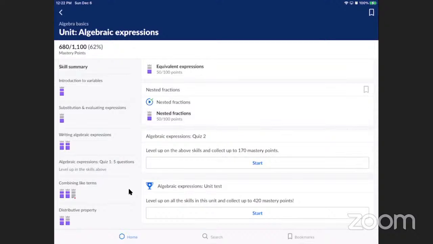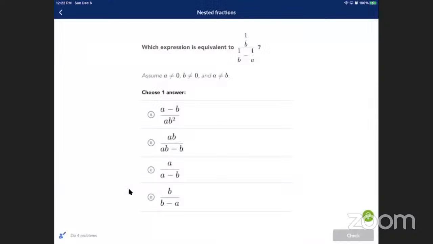Which expression is equivalent to 1 over b minus 1 over a? So we have 1 over b minus 1 over a.